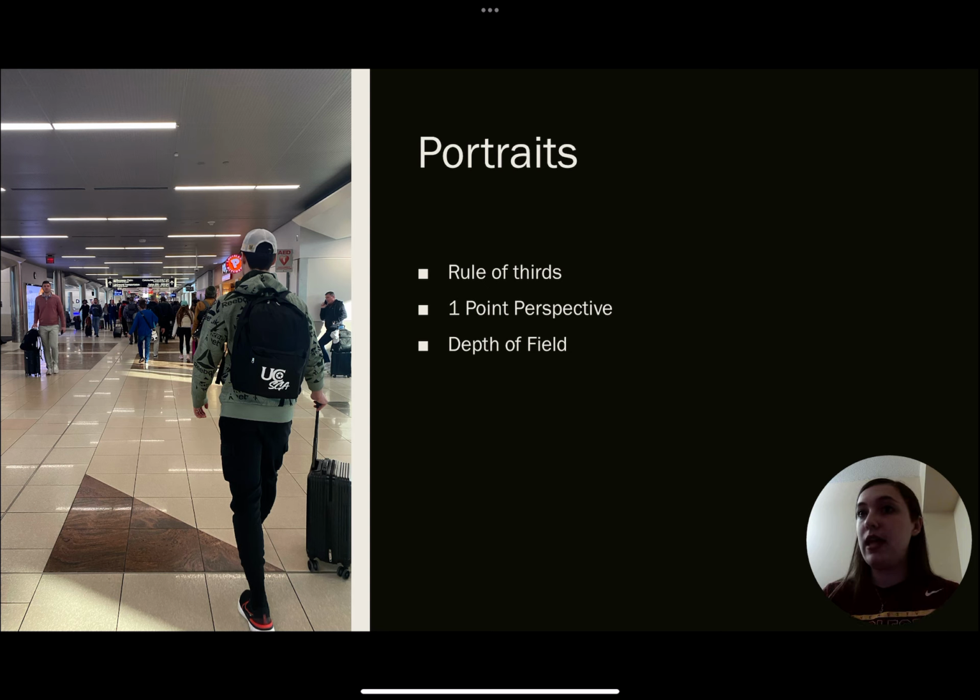And then something else that helps with our depth of field is going to be the leading lines of the hallway walls that help to converge at the end, and then also the tiles will help us show some space and depth.